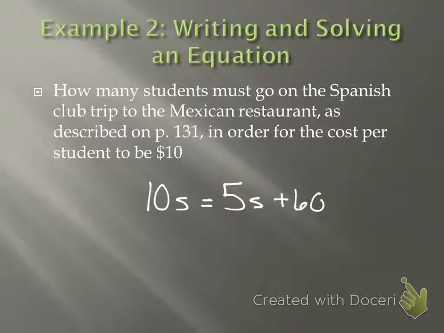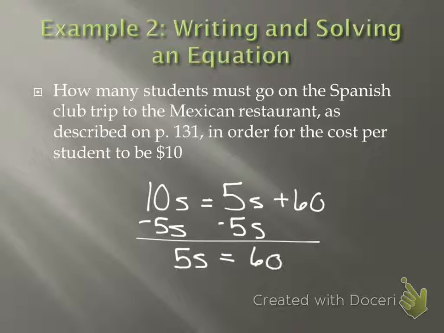And now you're ready to solve the equation. You don't subtract 60 first. You need to subtract 5s from both sides and get 5s equals 60, and then divide both sides by 5. So how many students need to go? 12 students.